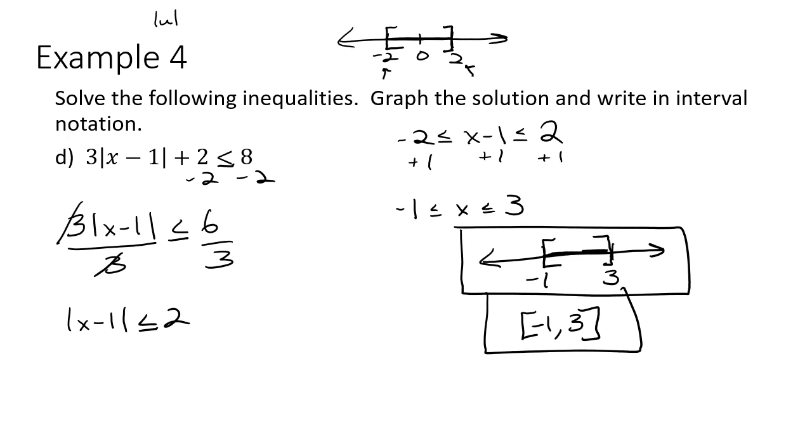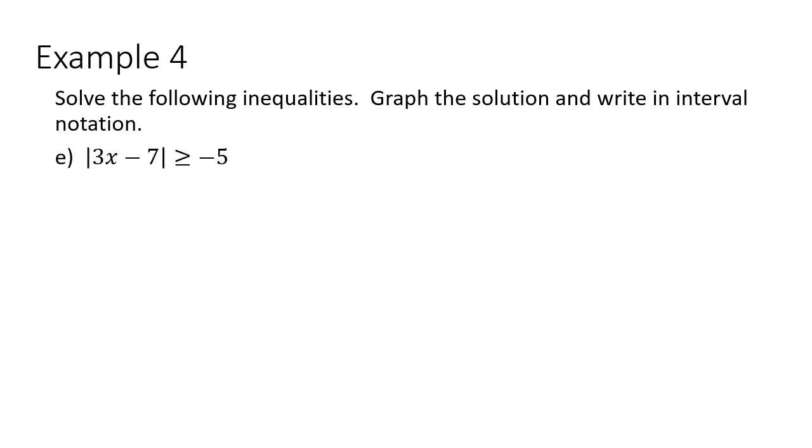And then last but not least, part E of example 4, we've got the absolute value of 3x minus 7 greater than or equal to negative 5. Distance from 0 greater than negative 5. So again, because this is a negative number and the absolute value is already isolated, just puzzle this one out.